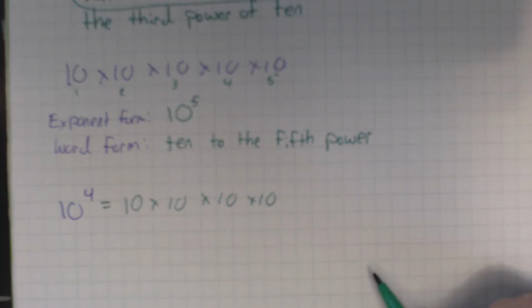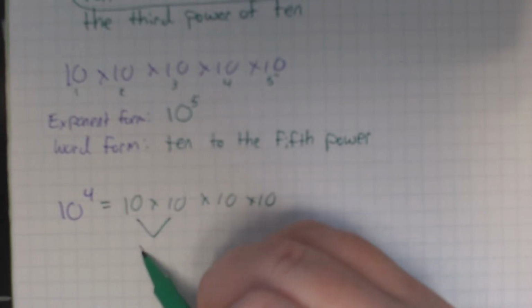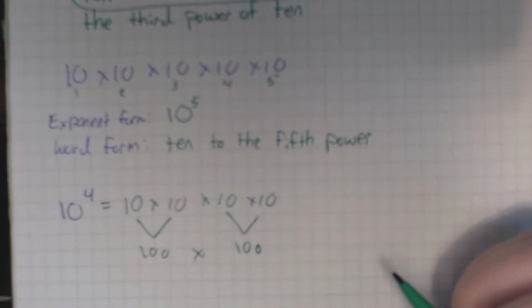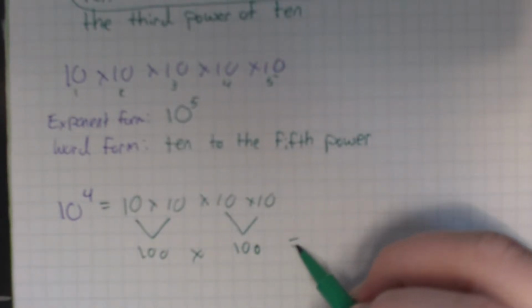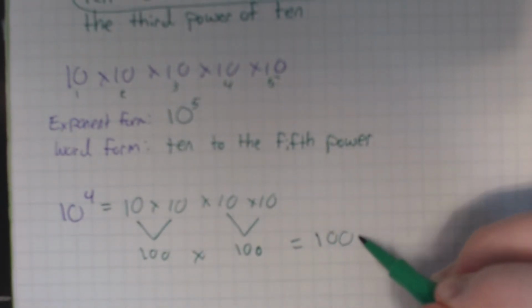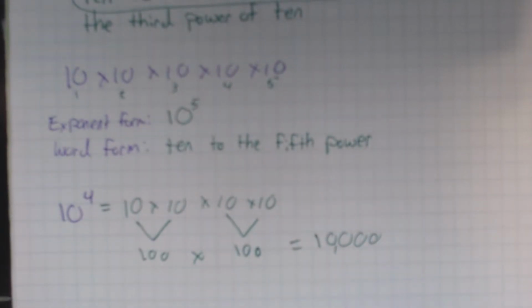Now we take this and we multiply. So now we have 100 times 100. And if we do that, we have 1 and then 4 zeros. 1, 2, 3, 4.